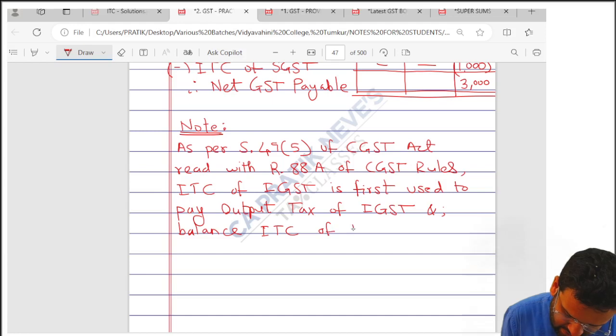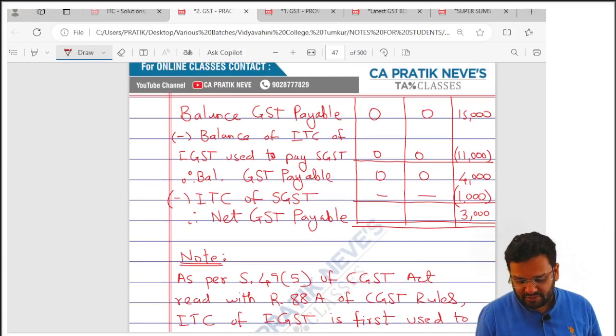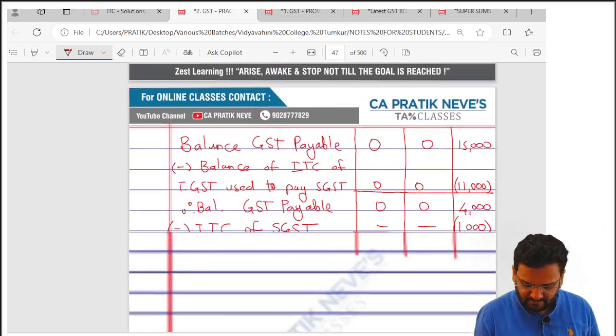ITC of IGST of rupees... How much was the balance? No, in the first instance the balance was 13.